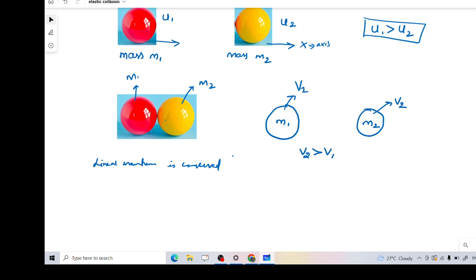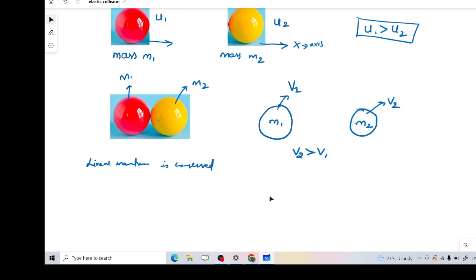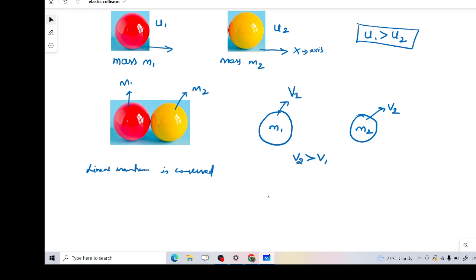The m1 object has a linear momentum m1 u1 and the other object has a linear momentum m2 u2, and after collision they separate, and now this becomes m1 v1 linear momentum and this object has the linear momentum m2 v2.